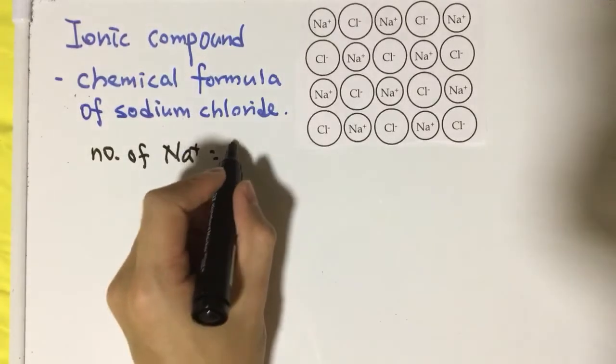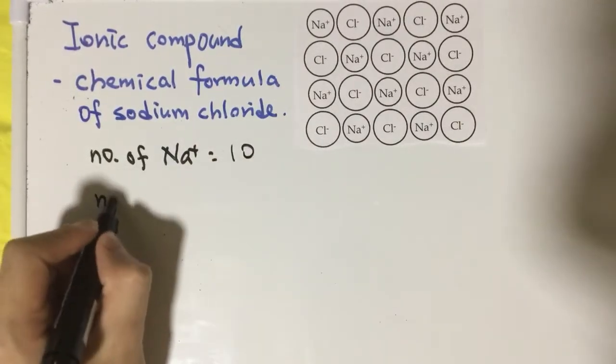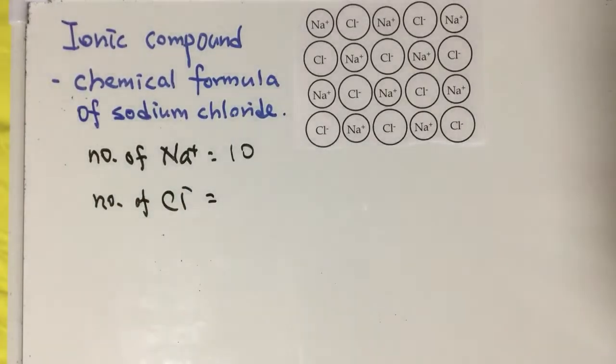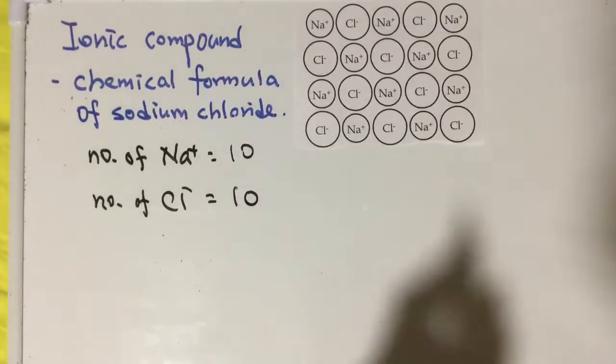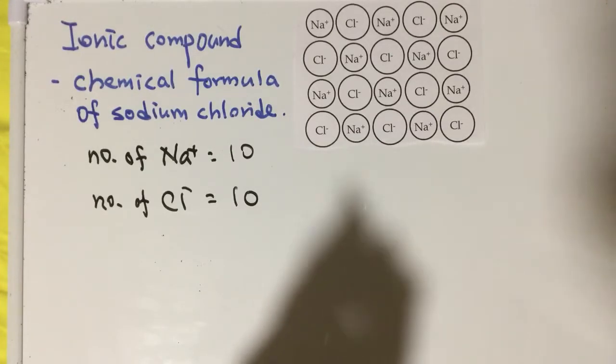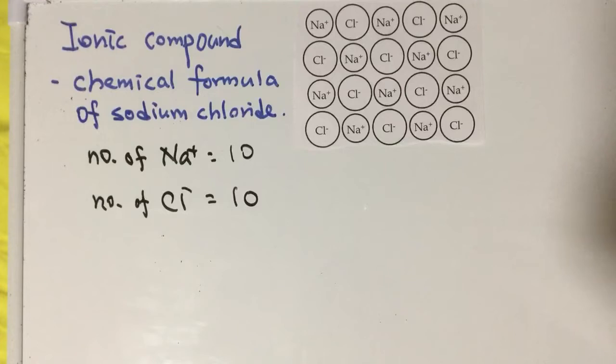Yep, 10. And number of chloride ion have also 10. Okay, so here if we need to use a representation to show sodium chloride, then what should we write down?